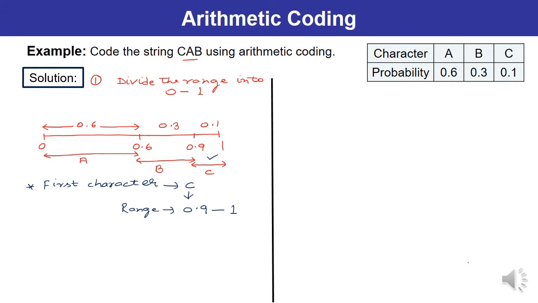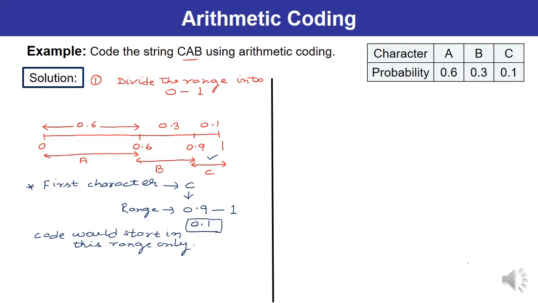So here the range is only 0.1, meaning code would start in this range only.